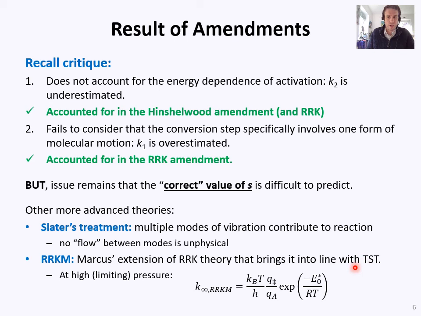One really nice thing about this, which brings all of collision theory and all of the reaction dynamics that we've been talking about so far together, is that at high limiting pressure, this K infinity that we've been talking about for the last few screencasts, will tend to the same expression as we got for the unimolecular reactions according to transition state theory.